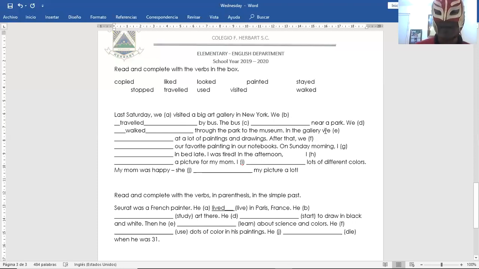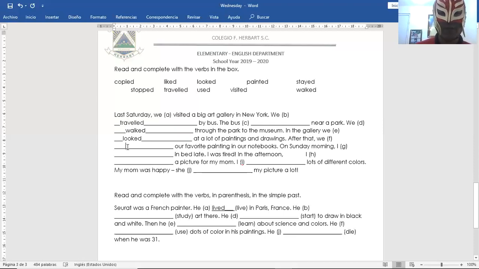In the gallery, we looked. En la galería vimos. In the gallery, we looked at a lot of paintings and drawings, muchísimos cuadros y dibujos. After that, después de eso, after that, our favorite painting in our notebooks.